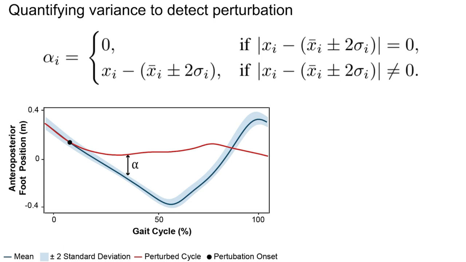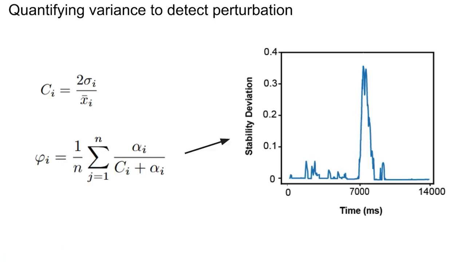The alpha value for each state at each time instance is then scaled by an inverse weighting factor to account for states with naturally higher variance or those operating at larger scales, preventing their bias to the linear sum. These weighted alpha values are summed and divided by the total number of states, yielding a normalized quantification of state variance, which we call phi, which ranges from 0 to 1.